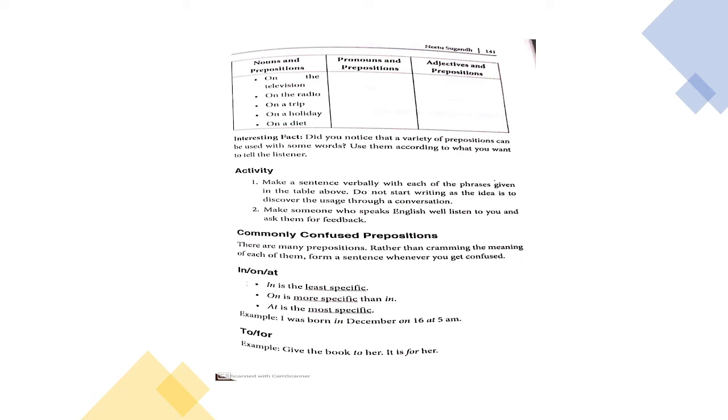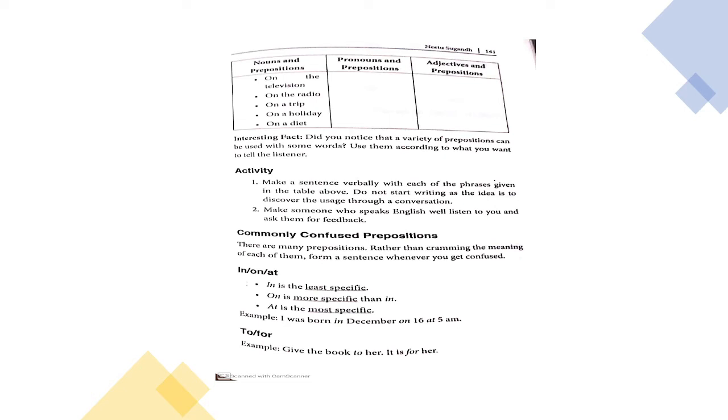Commonly confused prepositions. There are many prepositions. Rather than cramming the meaning of each of them, form a sentence whenever you get confused. In, on, at. In is the least specific, on is more specific than in, and at is the most specific. For example, I was born in December, on the 16th, at 5 a.m. To and for.